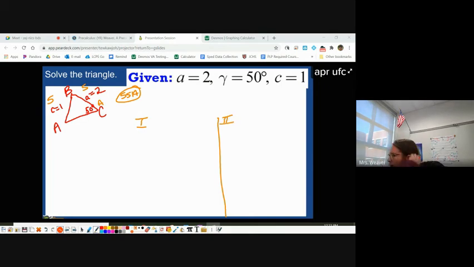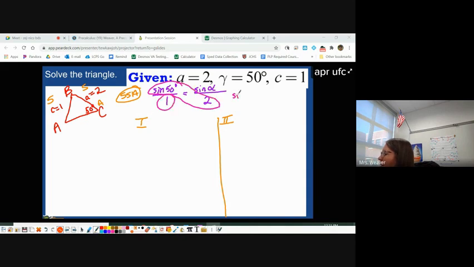Okay? All right. So we set up our law of sines. The sine of 50 is to 1, as, if we want 2, then we're looking for alpha, the sine of alpha is to 2. I'm going to cross multiply in the direction that does not have the variable and divide by the other number.